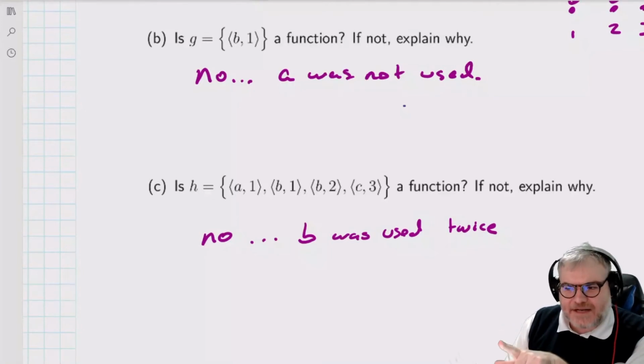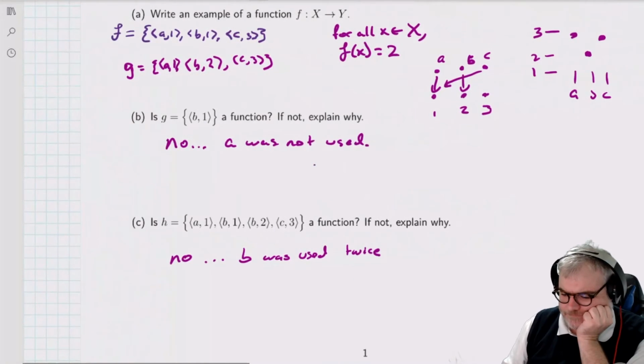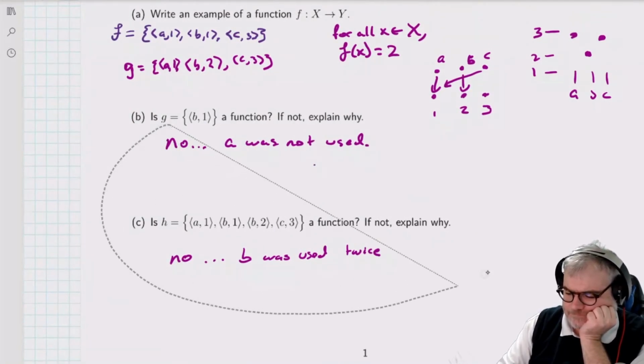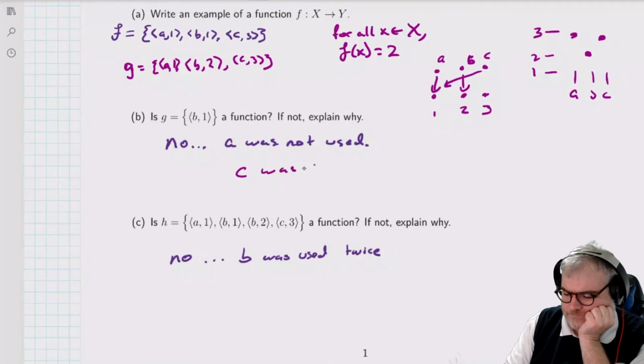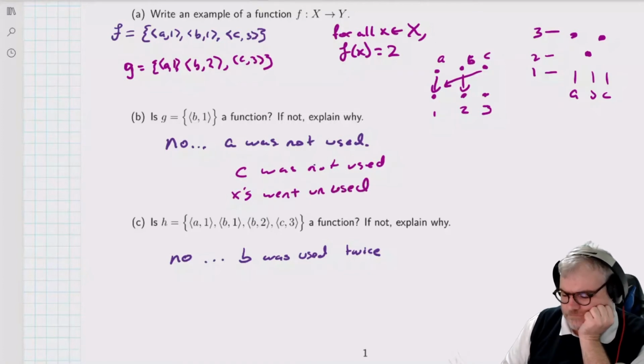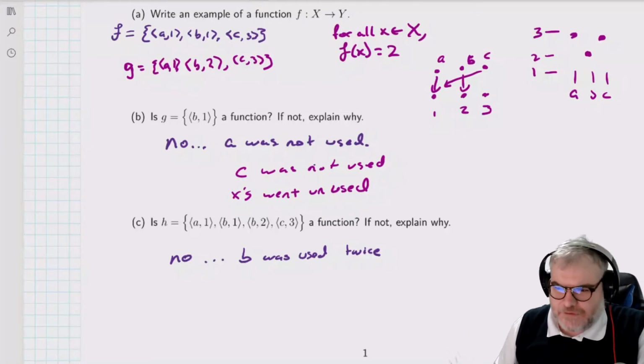Every X must be used, not every Y. All right, X's went unused. Not every X was used. There exists an X such that there does not exist a Y such that X, Y is in G. You could have really gotten fancy if you wanted to.